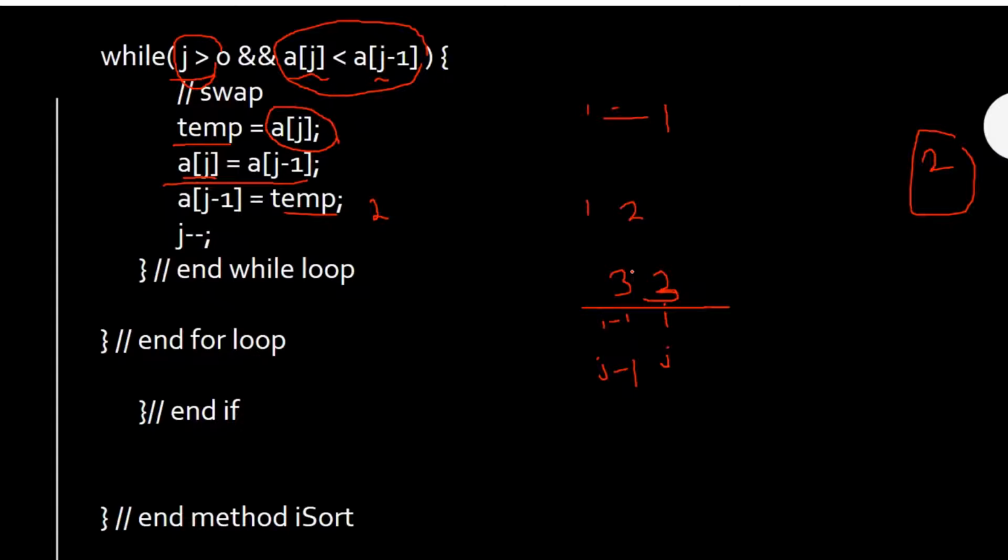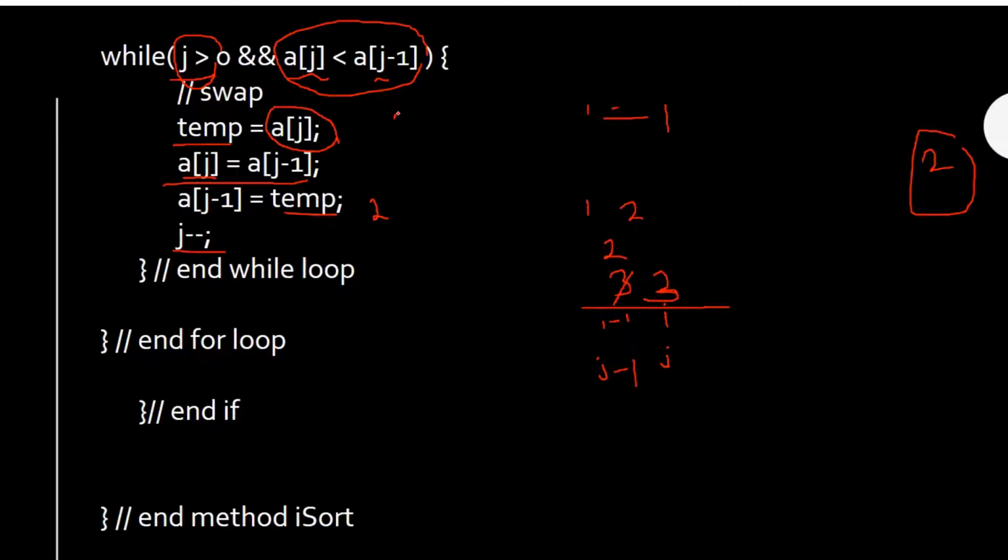So this is j minus 1. So this becomes 2. So that is our swapping process. Then we decrement j by 1. Then we check again whether j is greater than 0 and a of j is less than a of j minus 1.